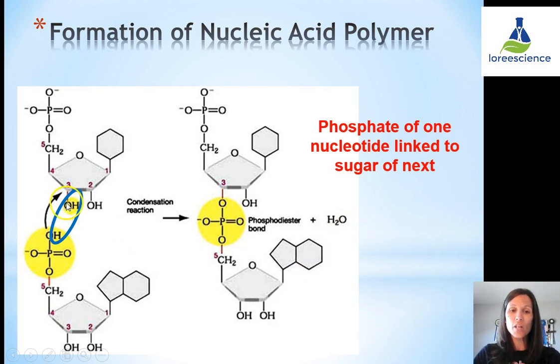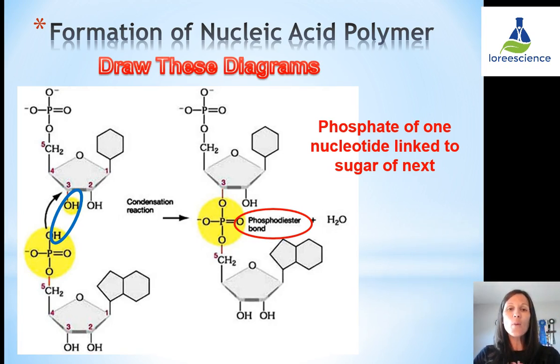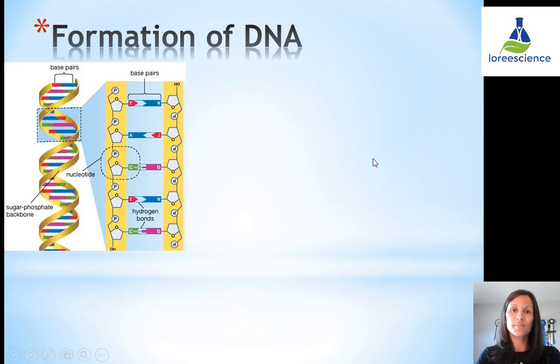As this hydrogen and hydroxyl get cleaved off, we have an oxygen and a carbon that need a bond. They bond together, and we call this a phosphodiester bond. So when we're making a polymer of a nucleic acid, it's held together by phosphodiester bonds. Take a moment now to make sure you can draw two nucleotides attaching together through a condensation reaction.